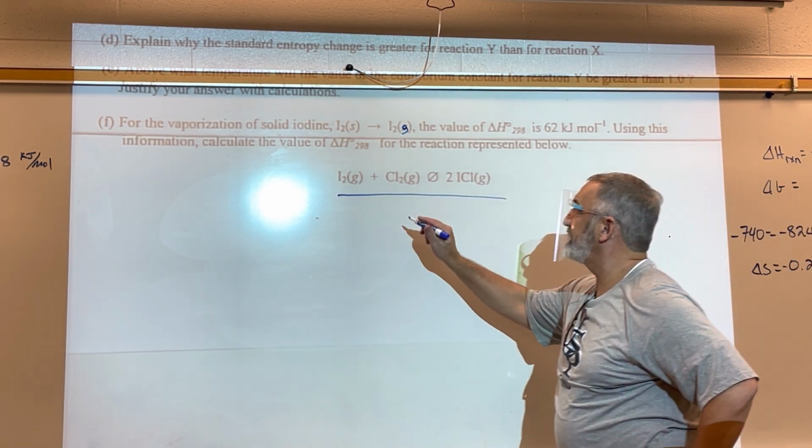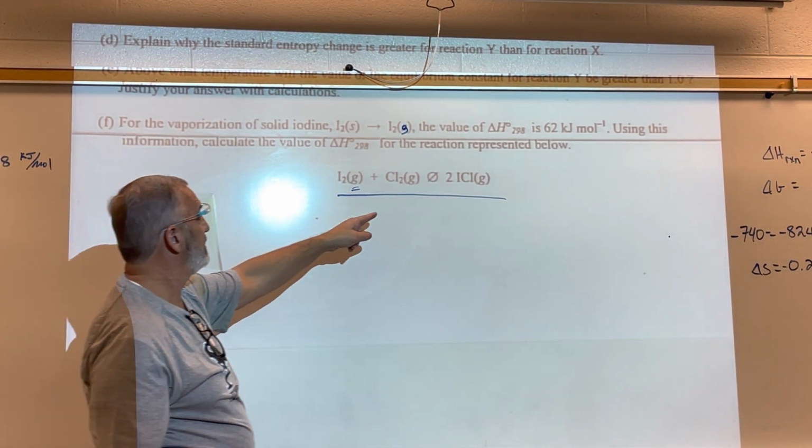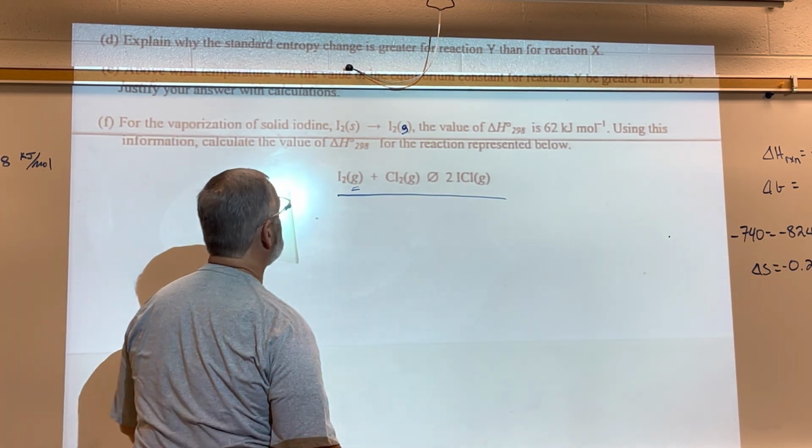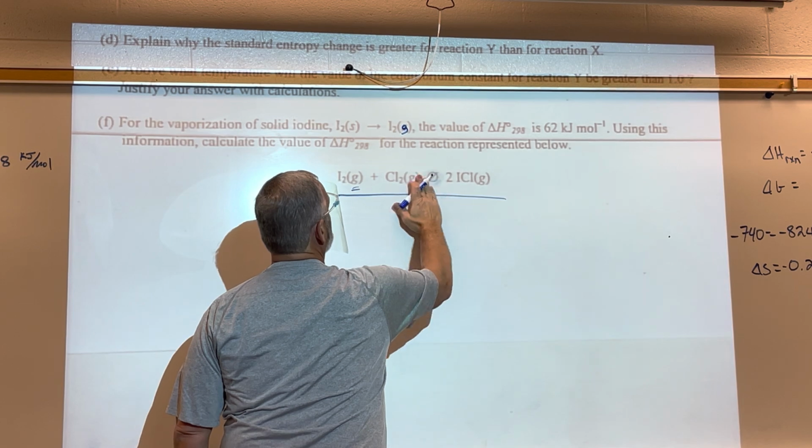Okay, except this is a gas and this is a solid. It will be negative 62 kilojoules, I guess. That's just the iodine to the gas part. They want the overall heat of this reaction. This is supposed to be an arrow.